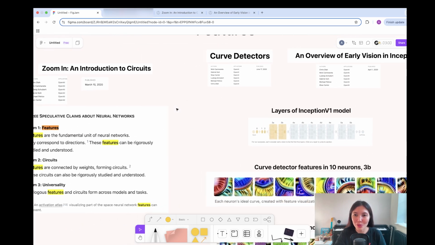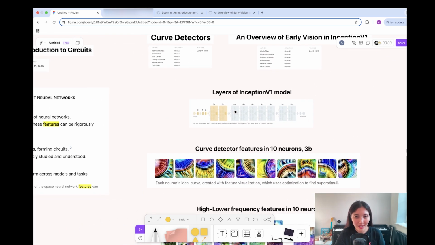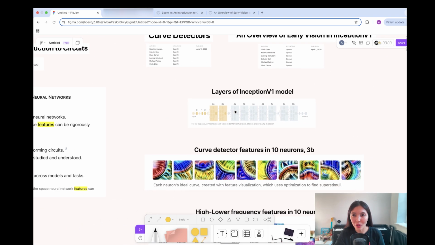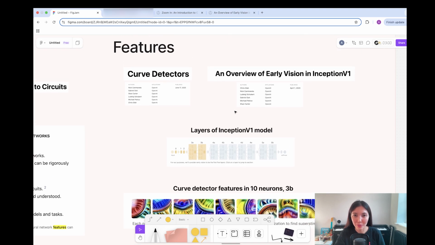So in order to better get an intuition, let's go through a few examples. There are multiple papers in Distill Journal that publish the results on feature visualization and exploration projects.